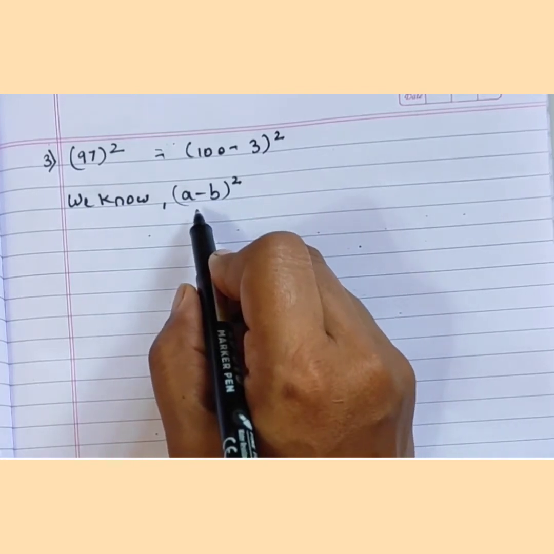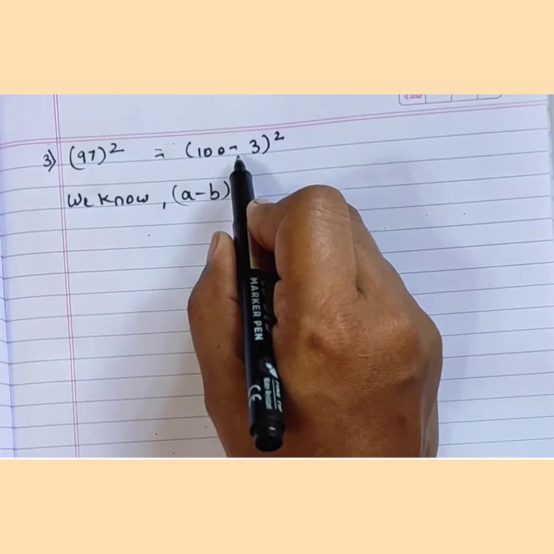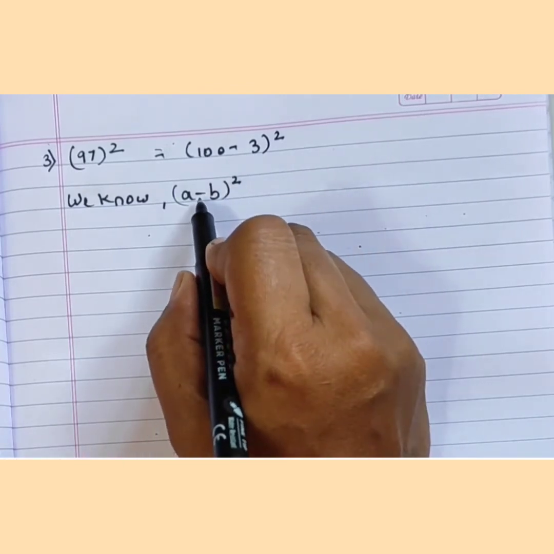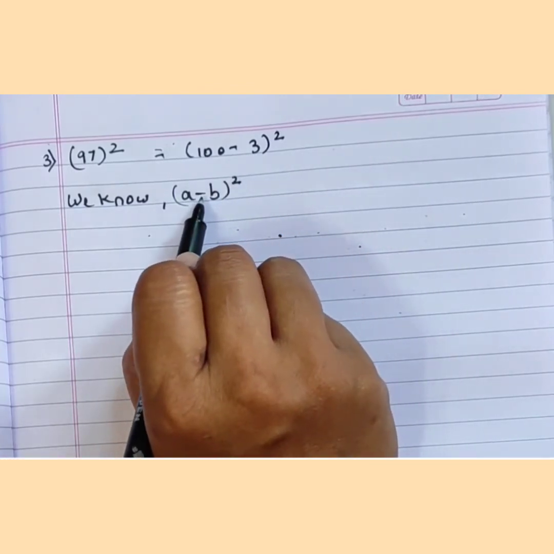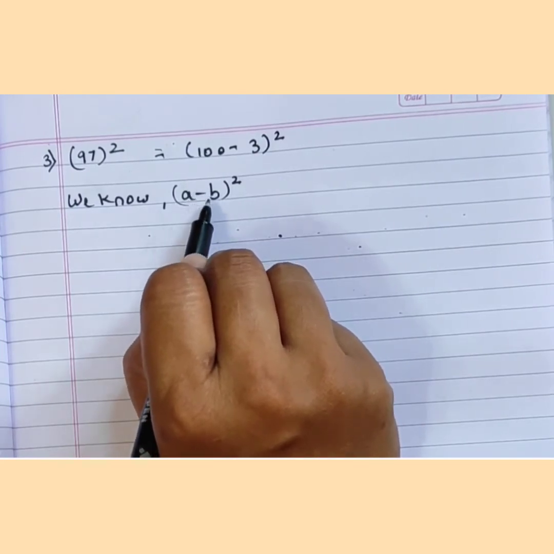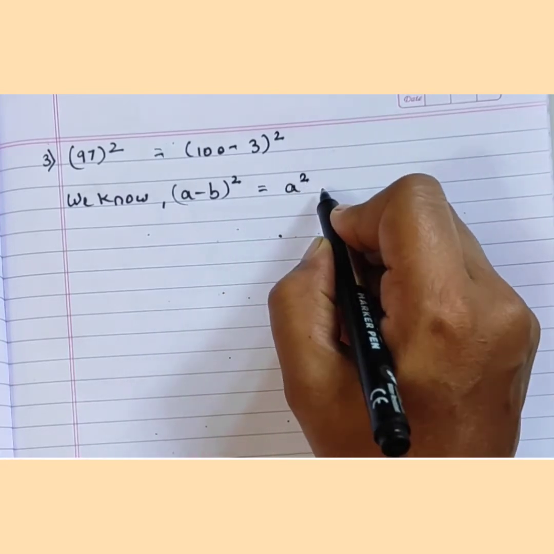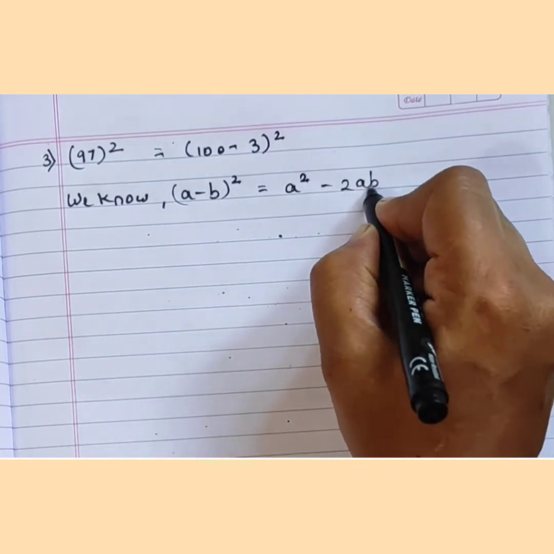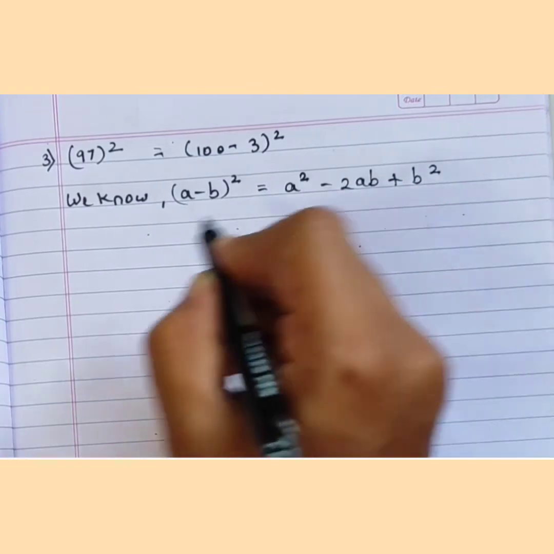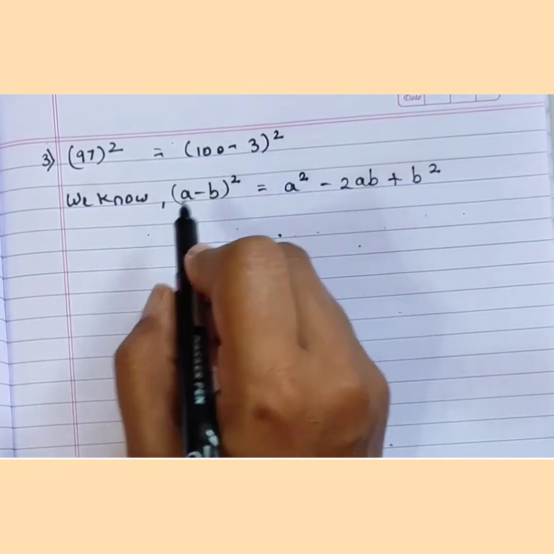That is, there is one a plus b the whole square and a minus b the whole square. But if there is a negative sign in the binomial, in the formula also we should have a negative sign. In this way we have to find which formula we have to apply. So a minus b the whole square is equal to a square minus 2ab plus b square. A we will consider as 100, b we will consider as 3.